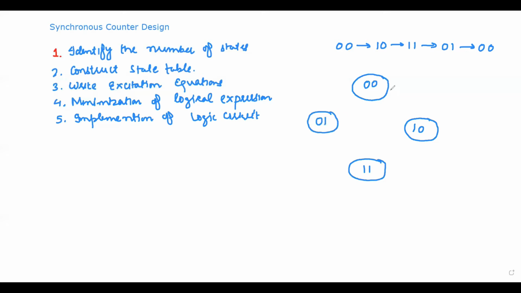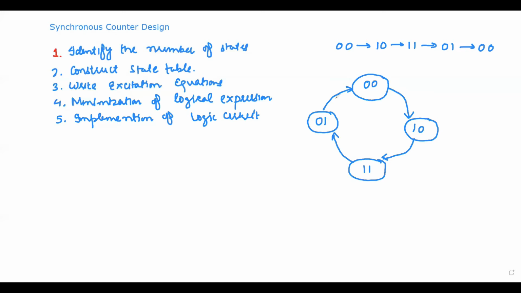So your system is going from 0 0 to 1 0, then 1 0 to 1 1, then 1 1 to 0 1, and it will come back to this position. So this is the state table, and this needs to be implemented in the form of your counter.